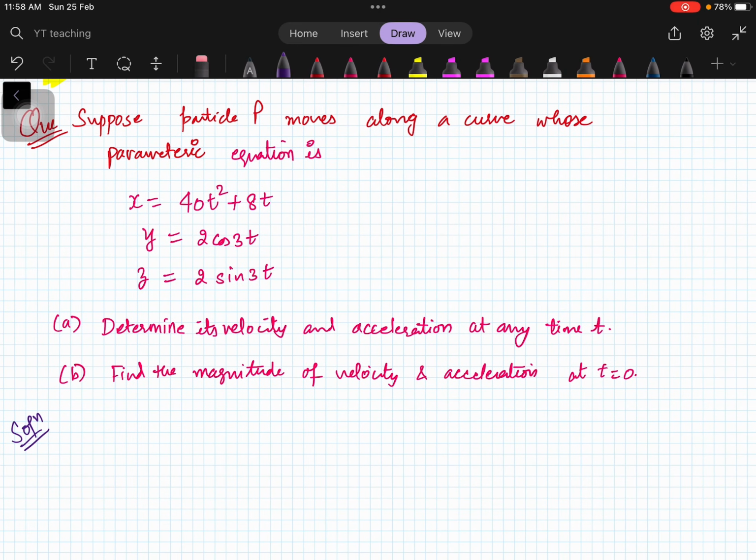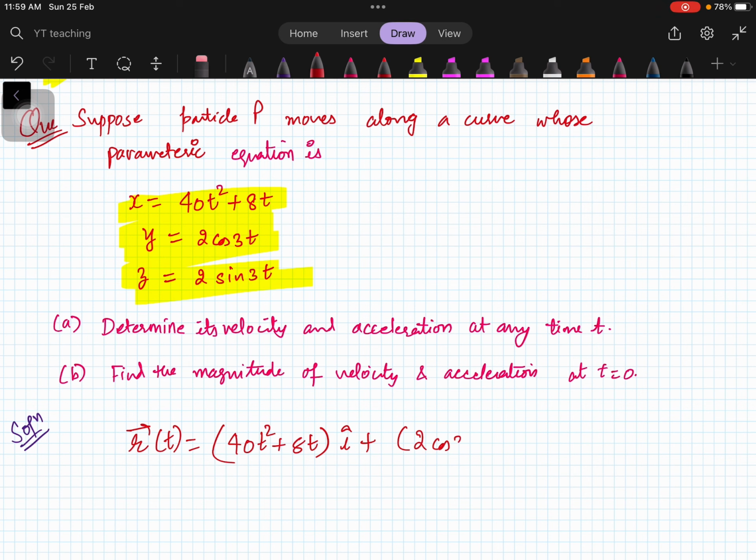First of all, I know that given the position vector, I'll write my position vector r(t). That is going to look like my x coordinate times i cap plus my y coordinate times j cap plus my z coordinate times k cap.